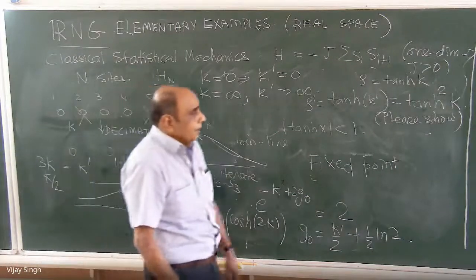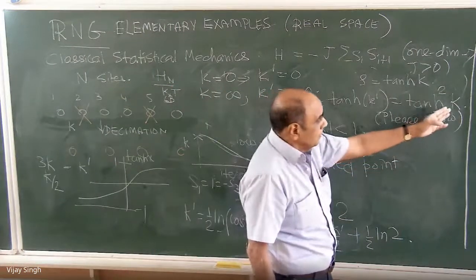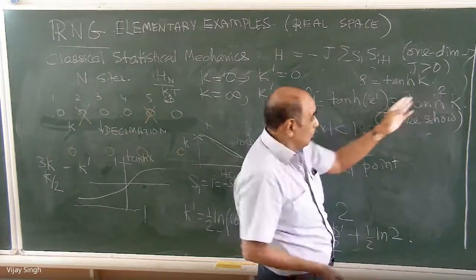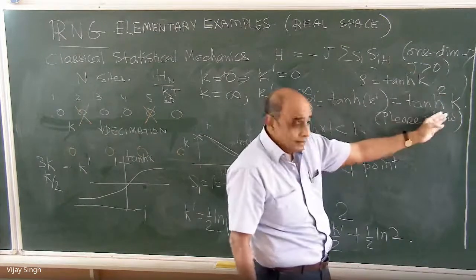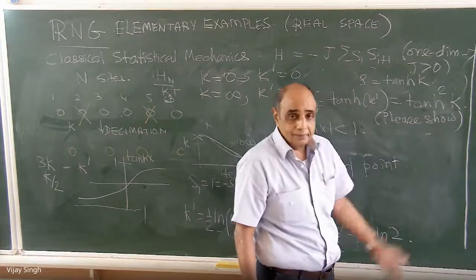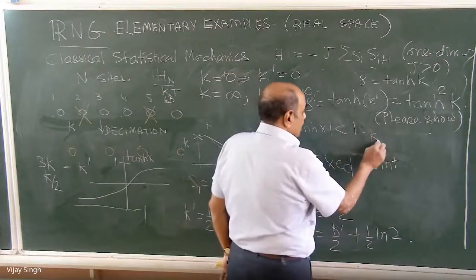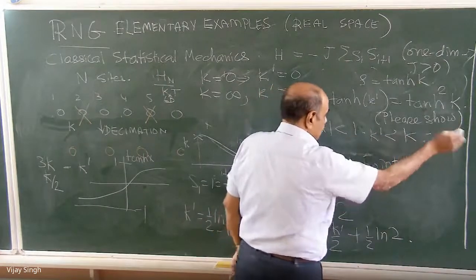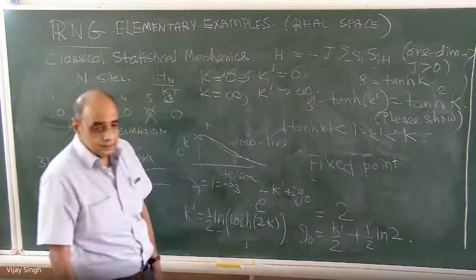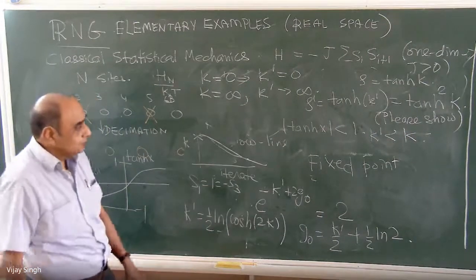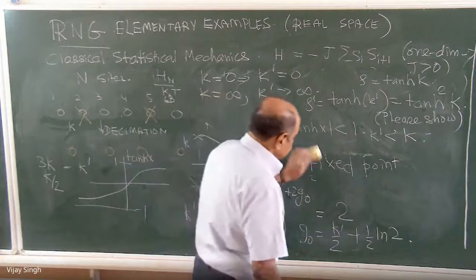So if tan hyperbolic of k is 0.7, then 0.7 squared is about 0.5. Then you put 0.5 squared. Is that clear? You will certainly get k prime less than k, successively. So there is no phase transition in one dimension.